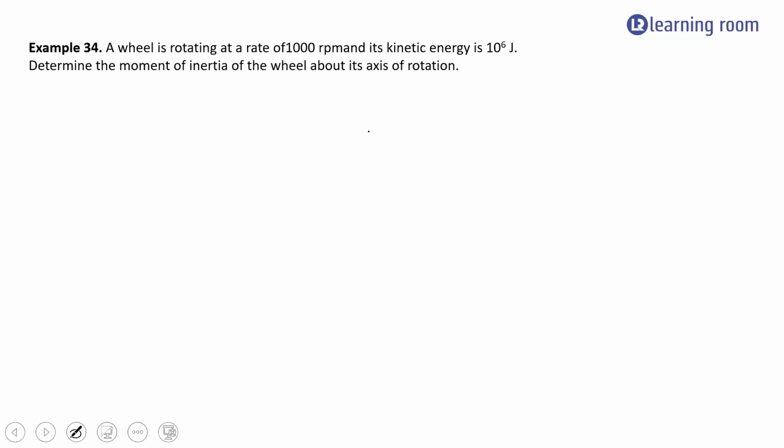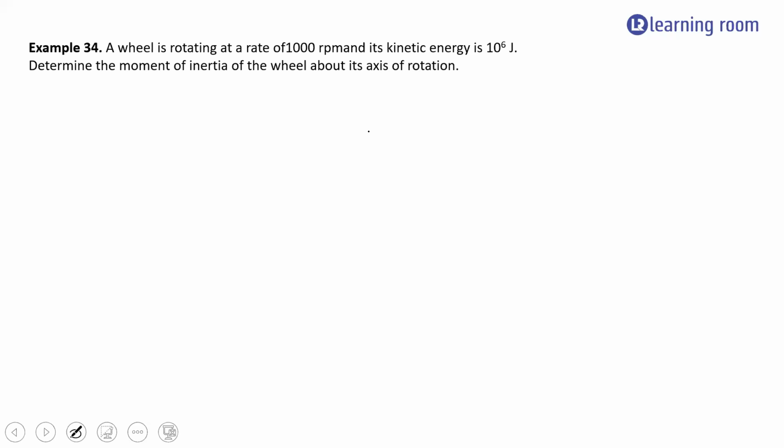So in a linear system you have mass. In a rotational system replace it with moment of inertia. In a linear system, if you have linear velocity, in a rotational system it becomes angular velocity. So how much will it be? Half I omega square.